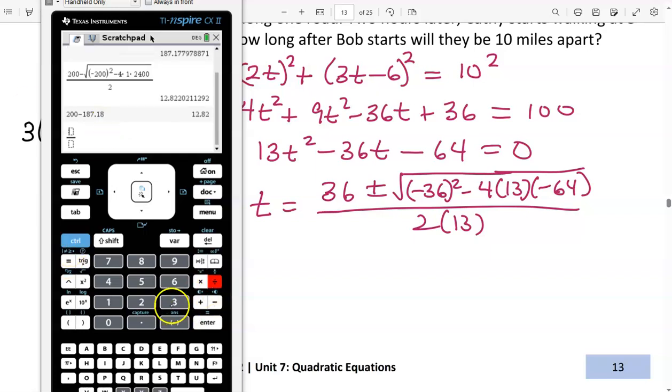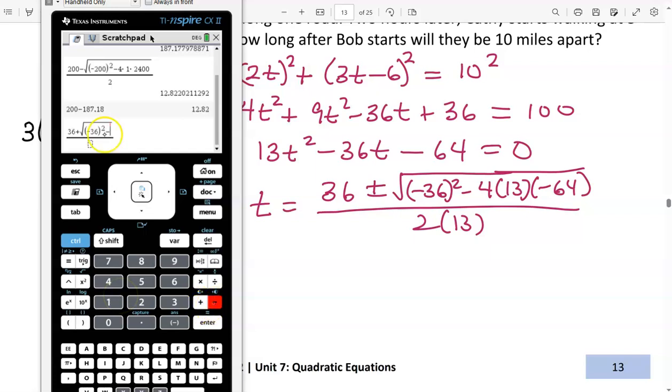So control divide for a fraction, 36 plus the square root of, and use parentheses for squaring a negative number. Remember, the squared needs to go on the outside. Minus 4 times a times c, all over 2 times a.